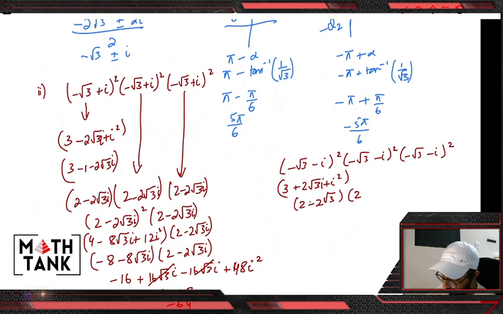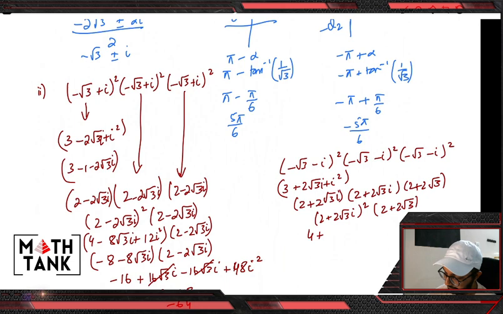So again, this would become 2 plus 2 root 3i whole squared. So again, it gives me the same answer, 4 plus 8 root 3i plus 12i squared.